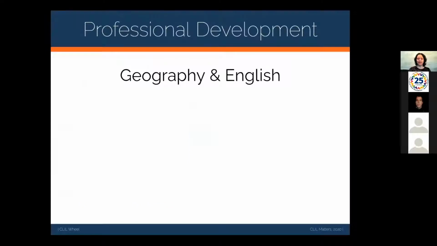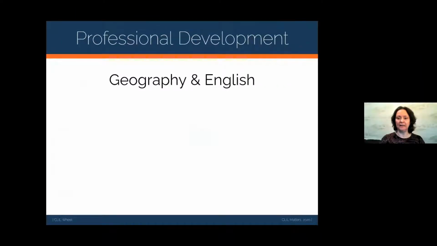So yeah, who am I? I'm a geography teacher and an English teacher, and this is what I did at the beginning, teaching two subjects separately in a high school in Poland. And then I started to be involved in bilingual education. So I started teaching geography in English or through English in bilingual programs in lower secondary and secondary school.